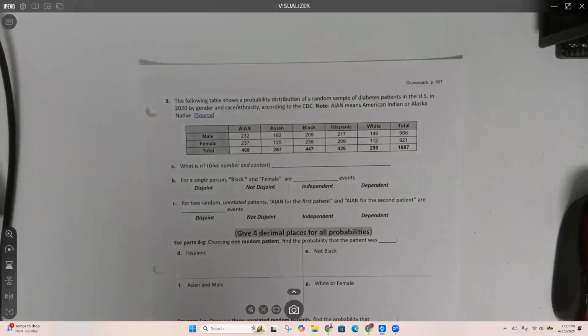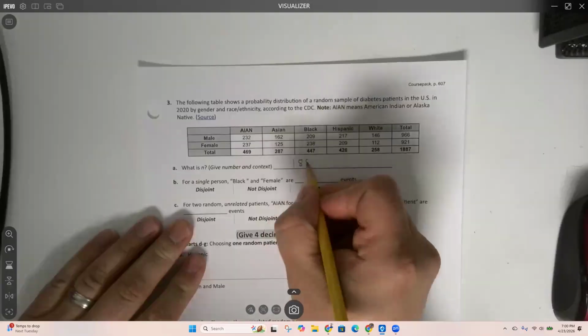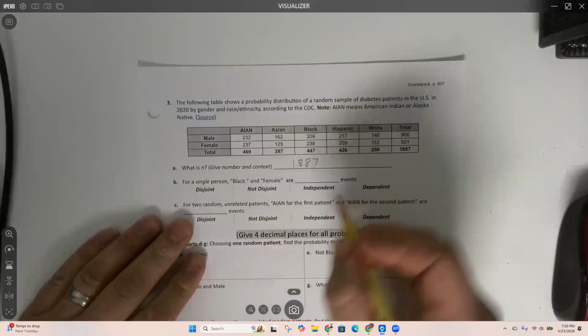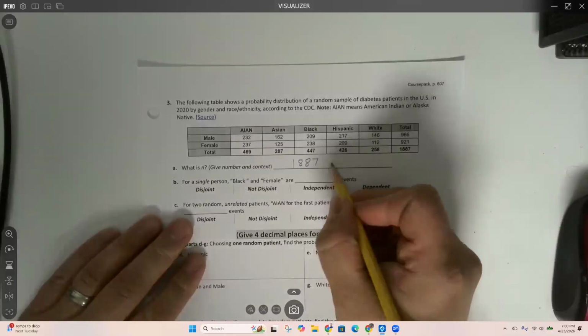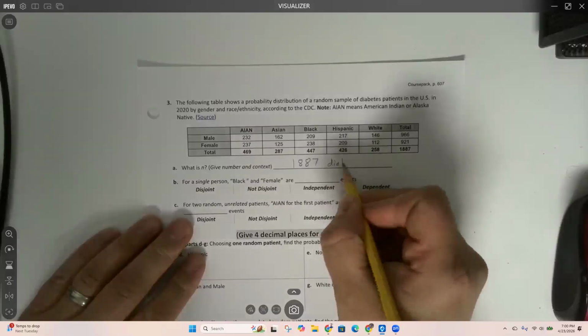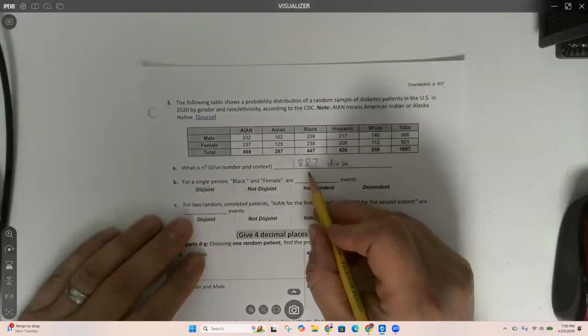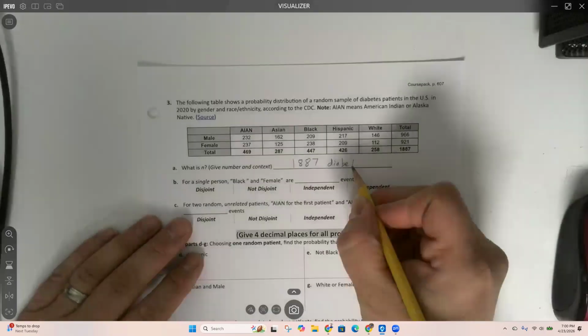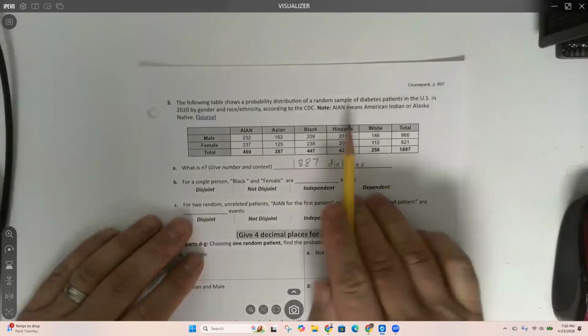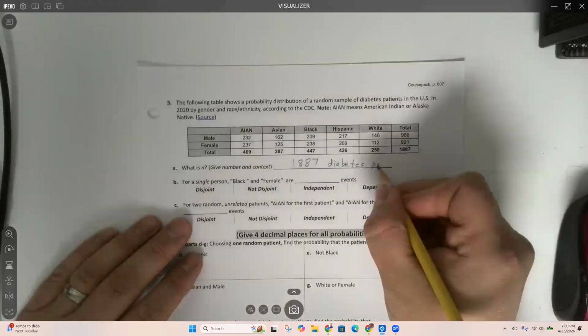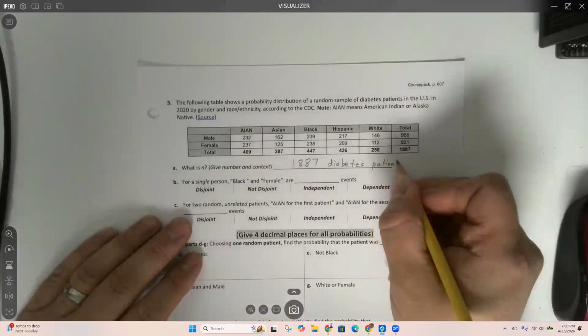What is N? 1,887. That's the number we need the context for. It says diabetes patients, so it's not just 1,887 US adults. It's a specific group here. Random sample of diabetes patients. Good.